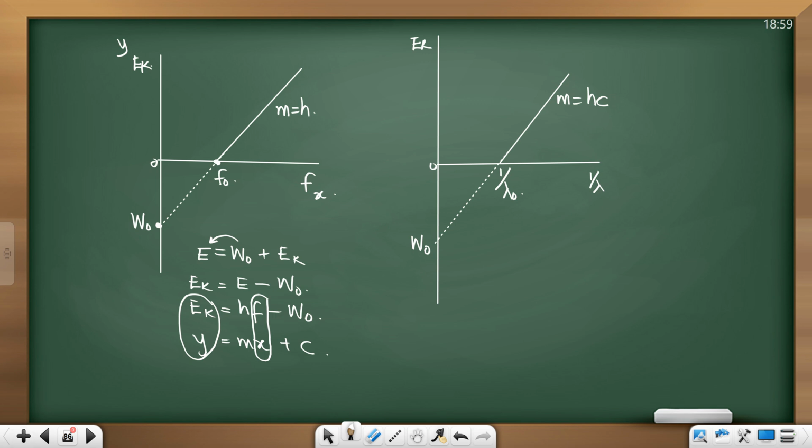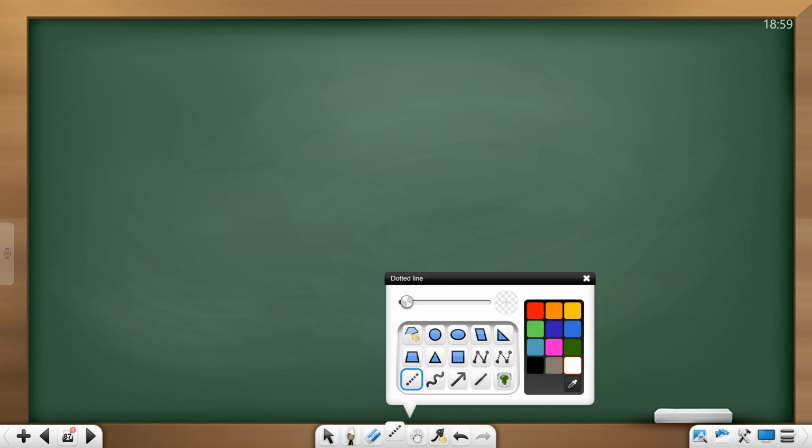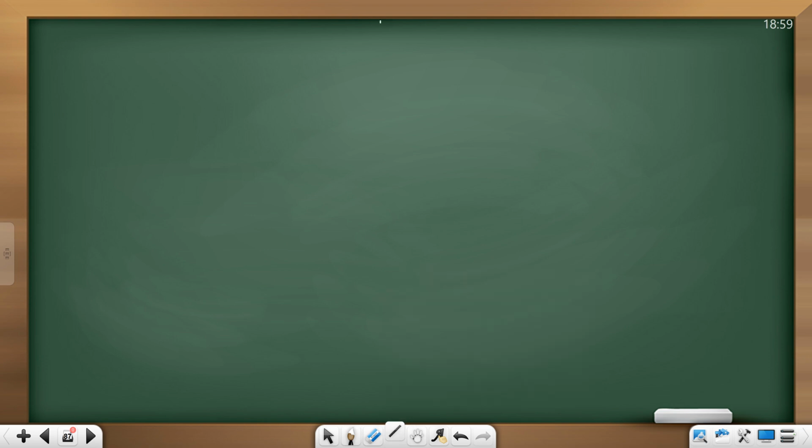Okay, absorption and emission very quickly in one page. Now, the word absorb, what does it mean? To take in.